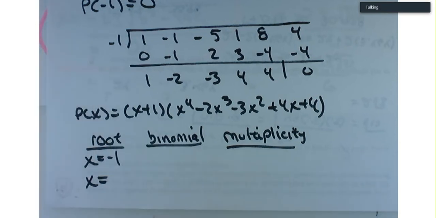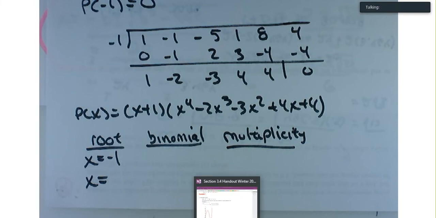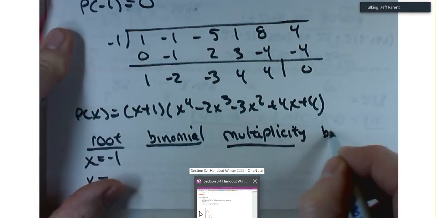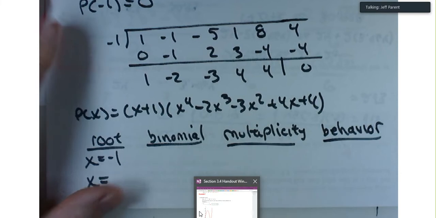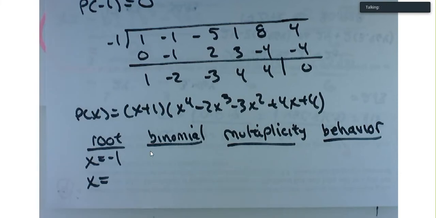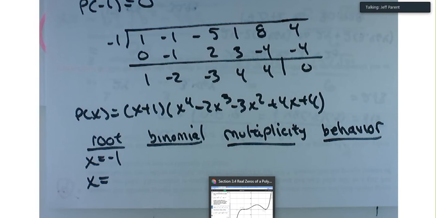So we want to look at our roots, the corresponding binomials, and the multiplicity. I probably could have looked at the behavior and then switched that to multiplicity, but we'll take care of it nonetheless. Let's look back here.